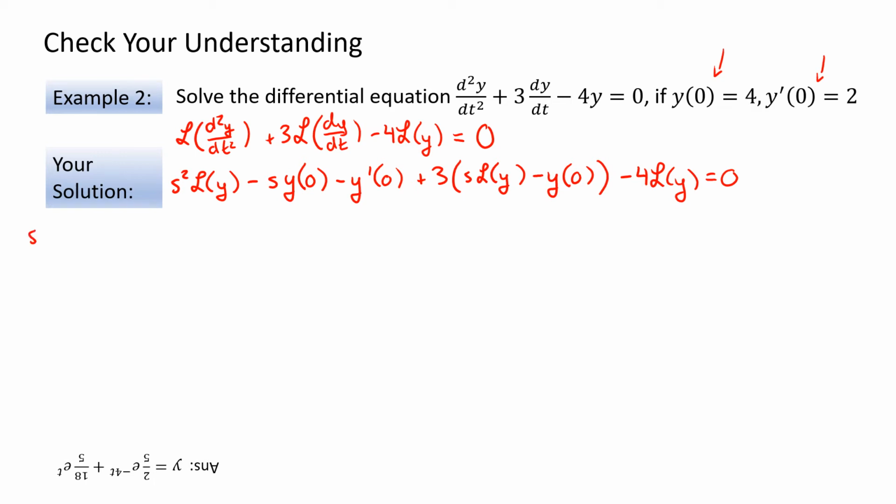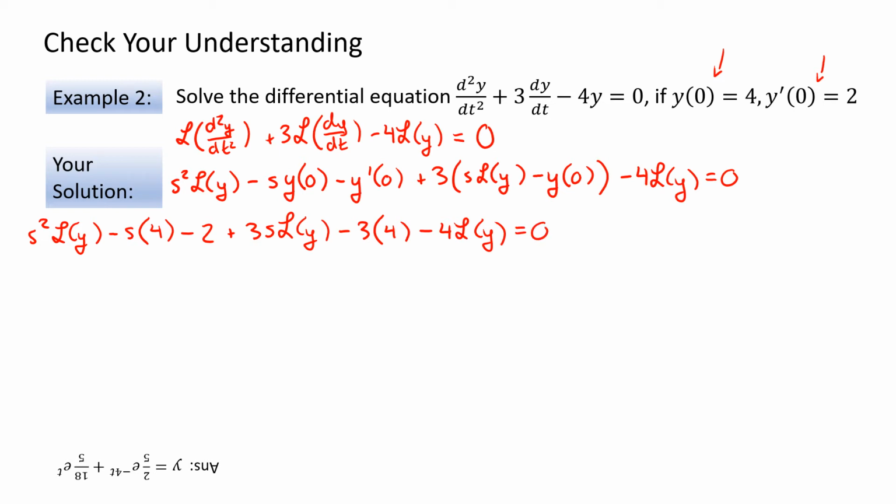If we do that, we get s squared times the Laplace transform of y minus s times y at 0, which is 4, minus y prime at 0, which is 2, plus, I'm going to multiply in this 3 at the same time, so we get 3 times s times the Laplace transform of y minus 3 times y at 0, which is 4, minus 4 times the Laplace transform of y, and that's all equal to 0.